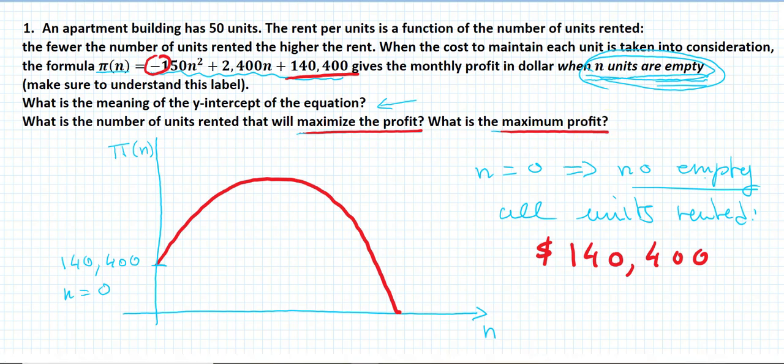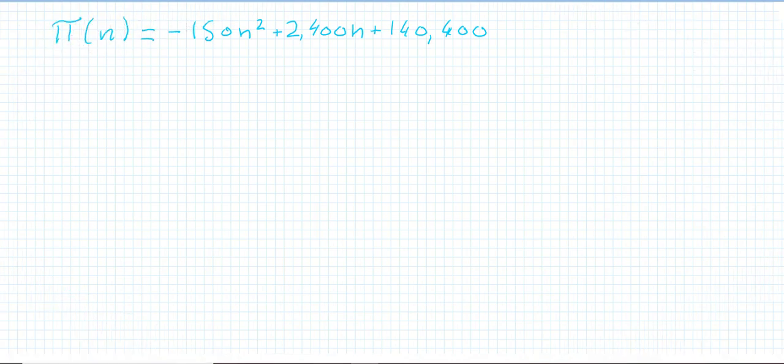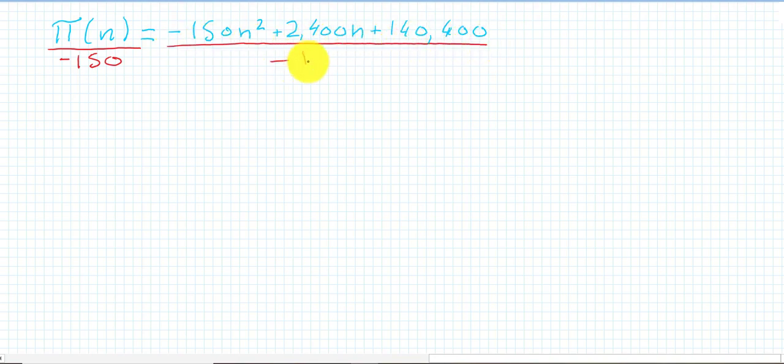For that, I need to figure out the vertex of the quadratic function. So let's take the quadratic function and let's figure out its vertex. We know what to do to find the vertex. We divide both sides by the leading coefficient, negative 150. The numbers should be nice because the number of units empty has to be an integer, right? So we have pi of n divided by negative 150 equals n squared.